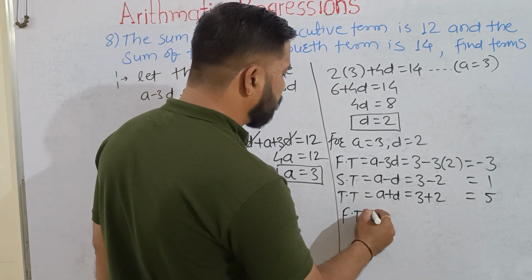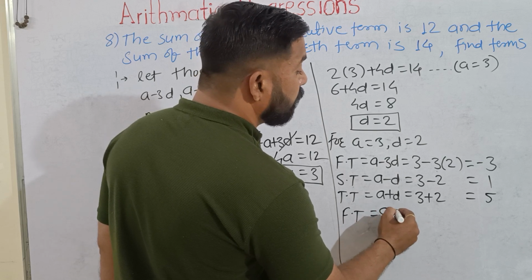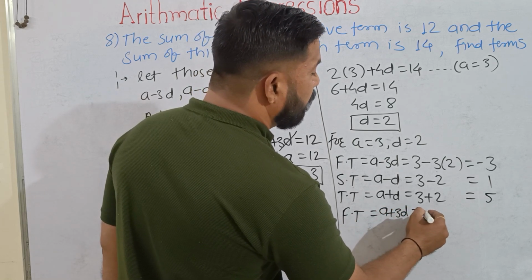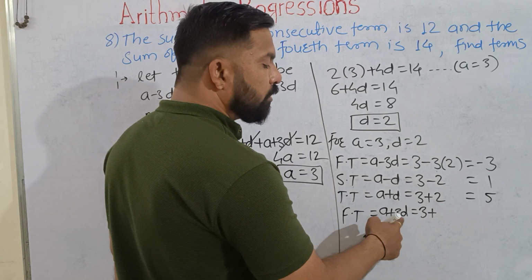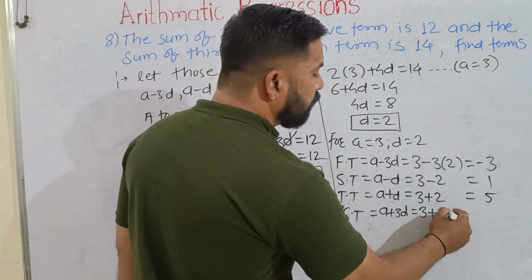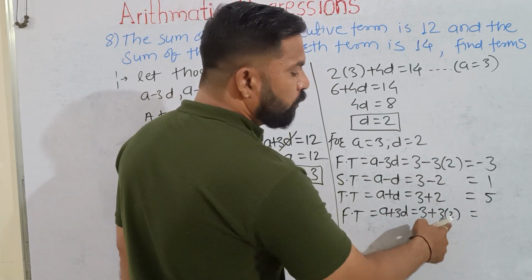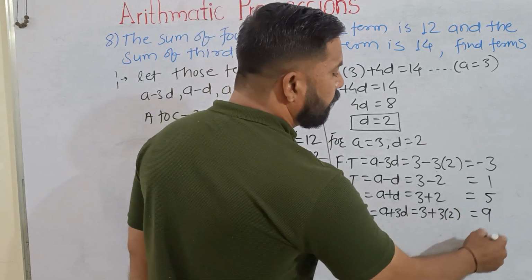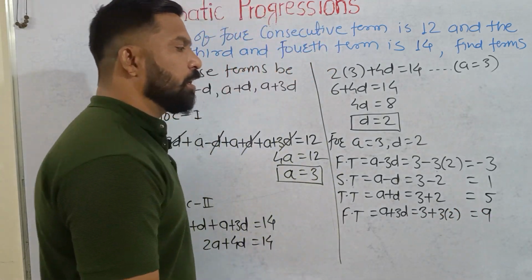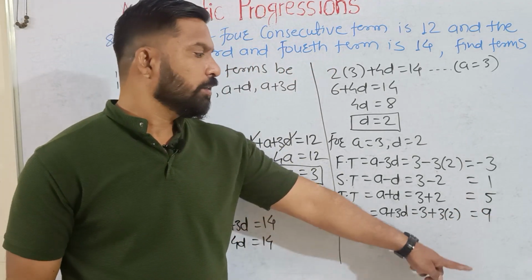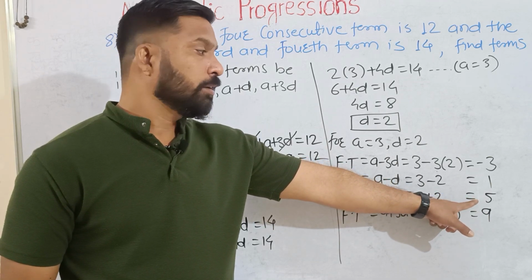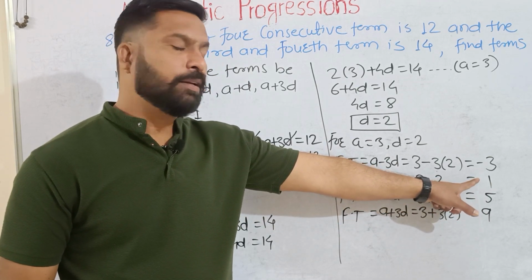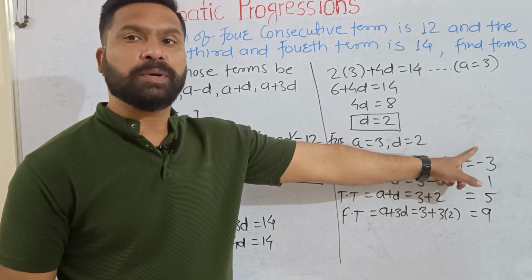Fourth term, a plus 3d. A is 3, d is 2. 3 times 2, 3 twos are 6 plus 3, 9. Now add all of them together. 9 plus 5, 14, plus 1, 15, plus minus 3, 12.